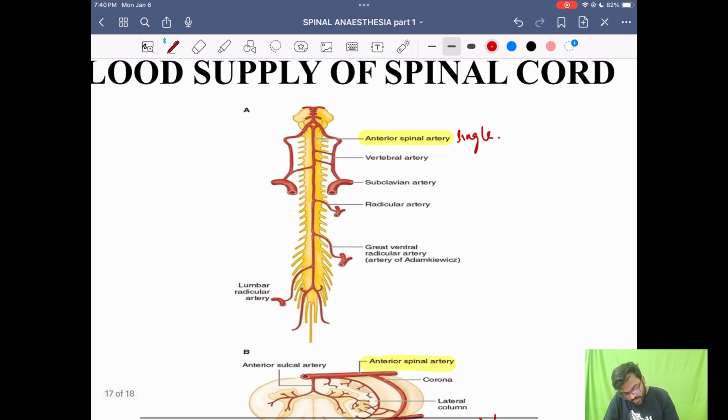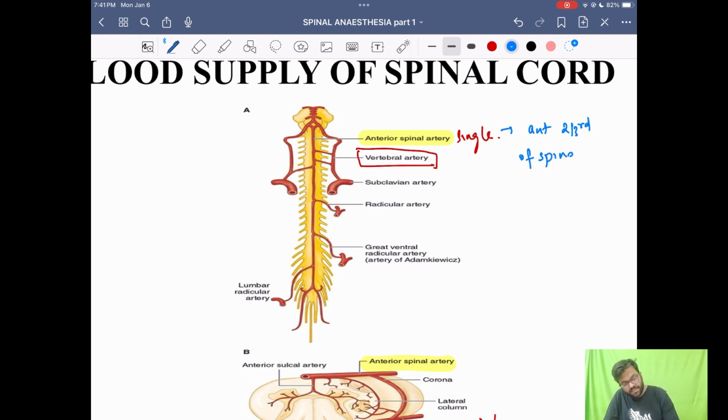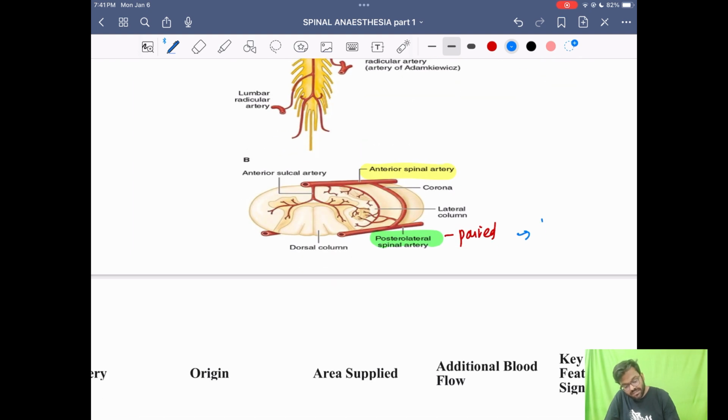Anterior spinal artery, you can see, arises from the vertebral artery. And how much does it supply? It supplies the anterior 2/3 of the spinal cord. And what does the posterolateral artery supply? It supplies the posterior 1/3 of the spinal cord.